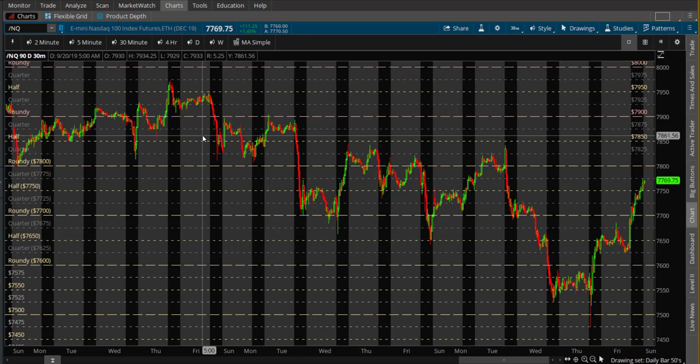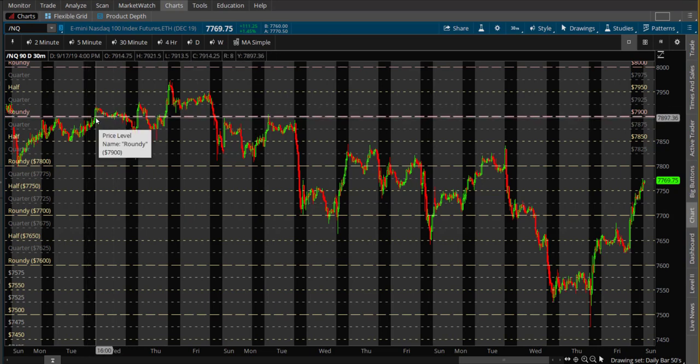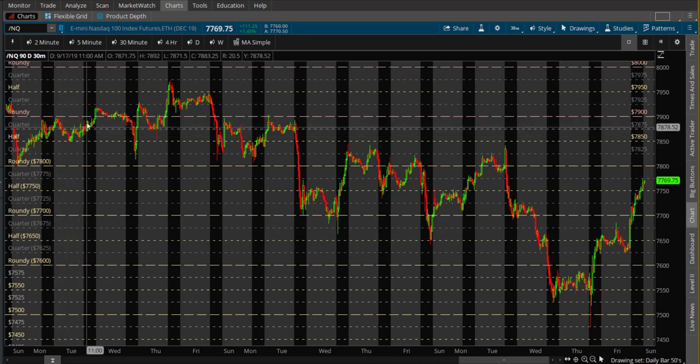And if you've noticed, I haven't moved the chart while I've been talking. I want this to sink in. I want you to see this, to visually understand that when we're talking about these quarters and halves and roundies, price absolutely respects these areas. Look at how many times we hit this roundie and was rejected.